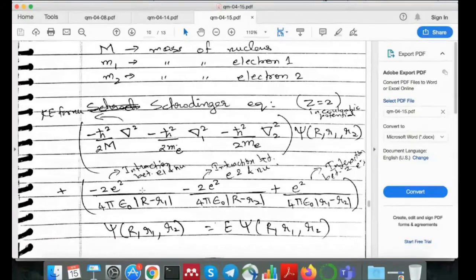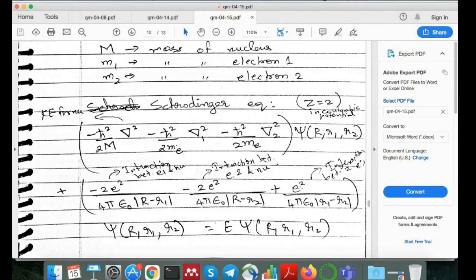Now we go to the potential energy. This term represents the attraction between electron 1 and the nucleus. This term again represents the attraction between electron 2, the second electron, and the nucleus. And this term represents the repulsion, and that is why there is a positive sign here.